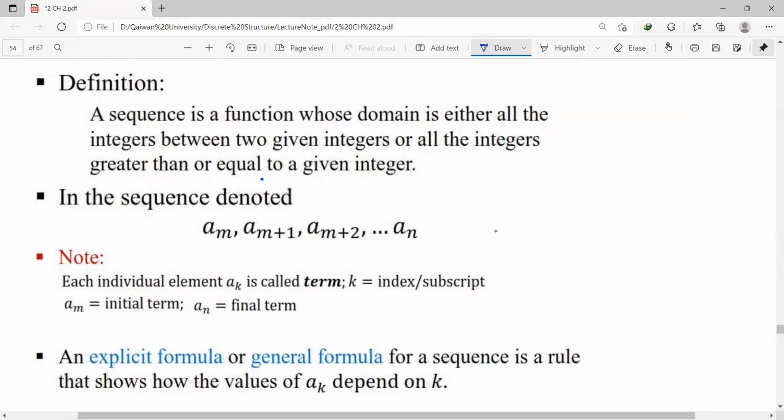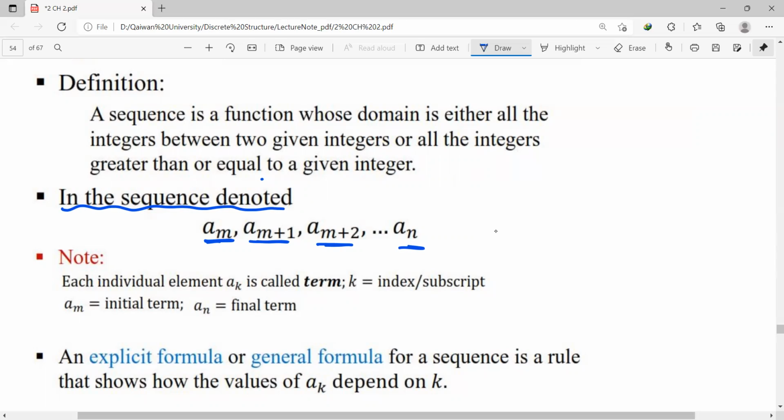Generally, we say the domain of a sequence is the set of integer numbers. Okay, we work on the integer numbers, and here we say the sequence is denoted by am, am plus 1, am plus 2, up to an. Each of these is a term of the sequence.